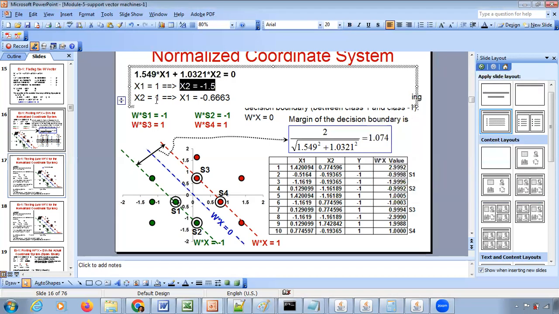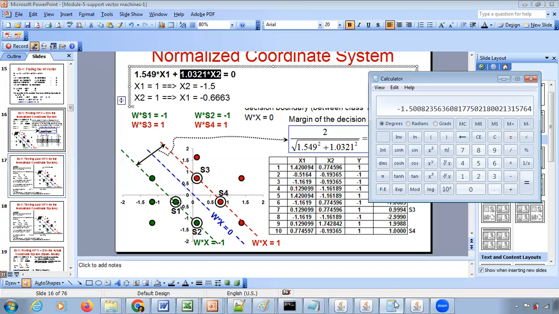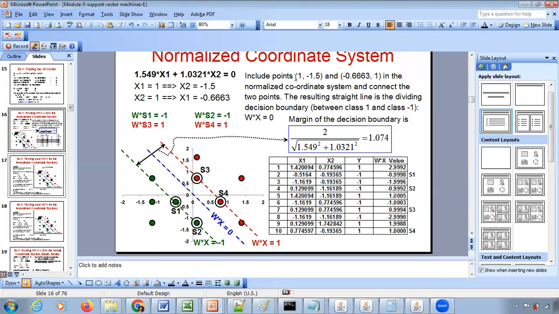Now similarly, if you put x2 equals 1, this is 1.0321, and if it goes to the opposite side, it becomes negative 1.0321 divided by 1.549, which is the coefficient of x1. So x1 equals negative 0.6663. So the two points are 1 comma negative 1.5, that is x1 equals 1 and x2 equals negative 1.5.